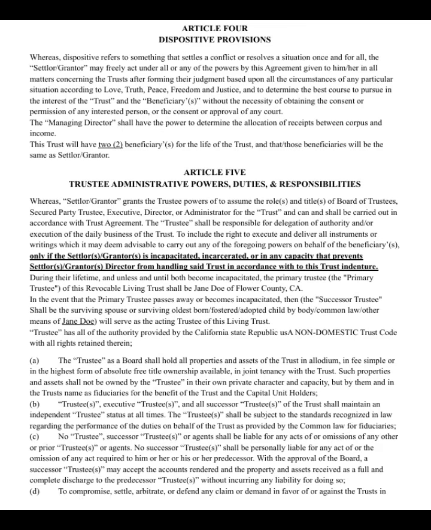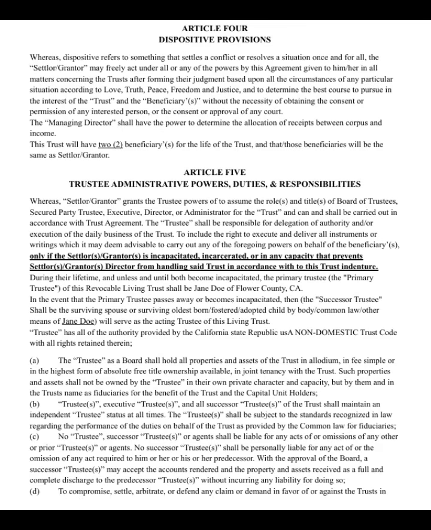And in the event that the primary trustee passes away or becomes incapacitated, then the successor trustee shall be the surviving spouse or surviving oldest born, fostered, adopted child by body, common law, or other means, will serve as the acting trustee of this living trust.